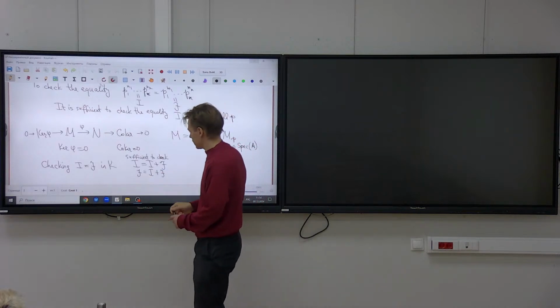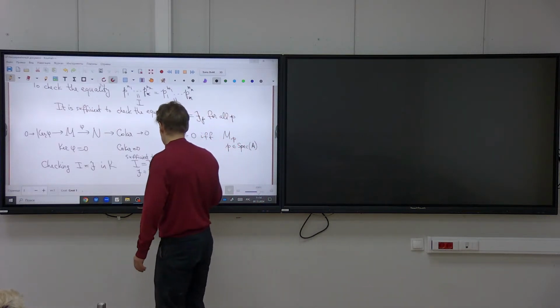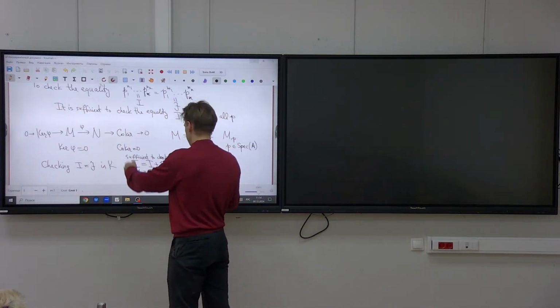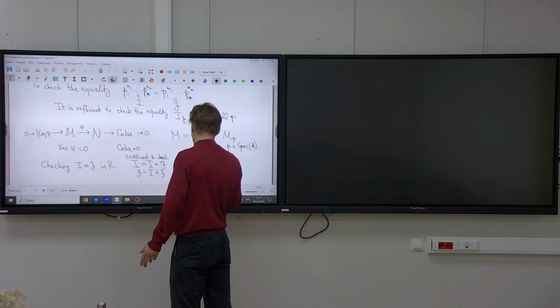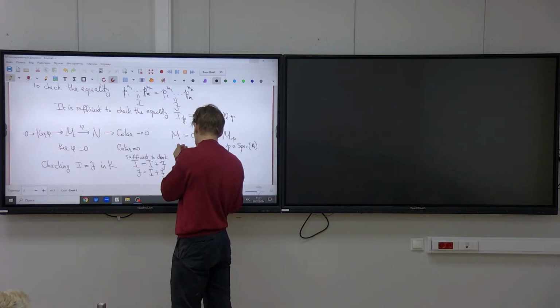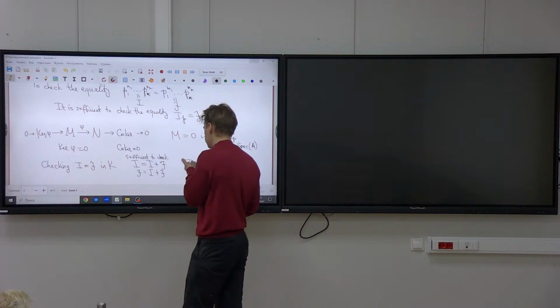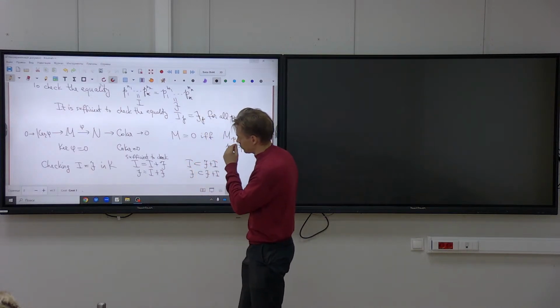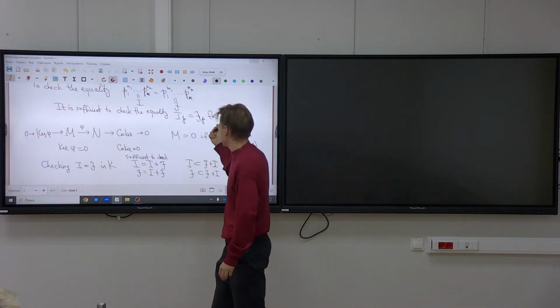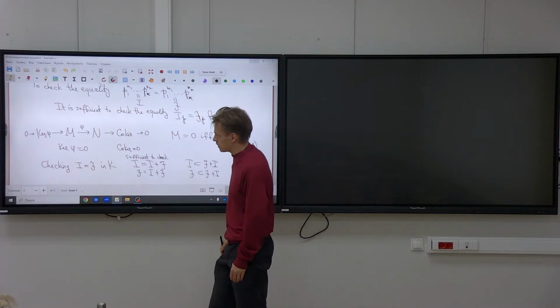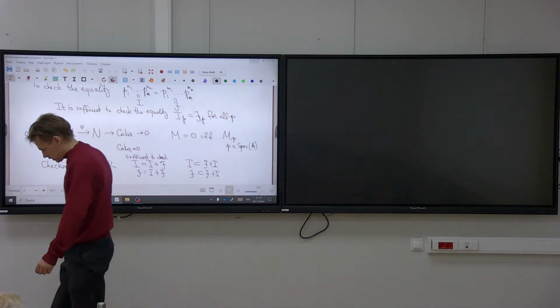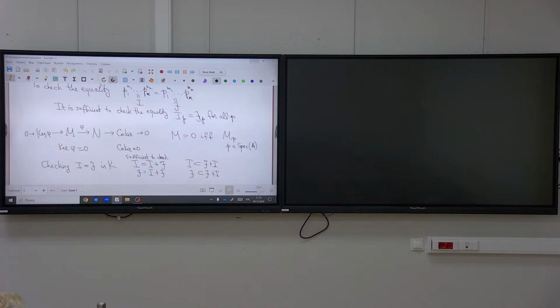So you know how to compare them if they are subsets of the same thing. So it is sufficient to check that the localizations are the same.